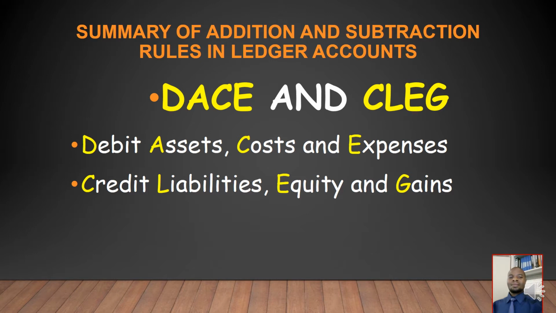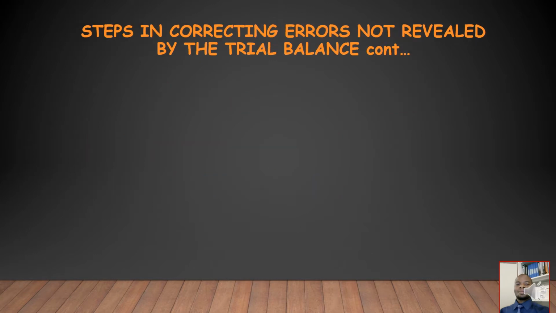And the reverse goes. If you want to subtract from liabilities, equity, and gains, you debit the liabilities, equity, and gains accounts. So this is a summary of these addition and subtraction rules in ledger accounts.